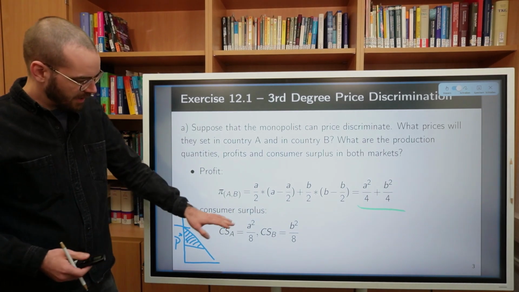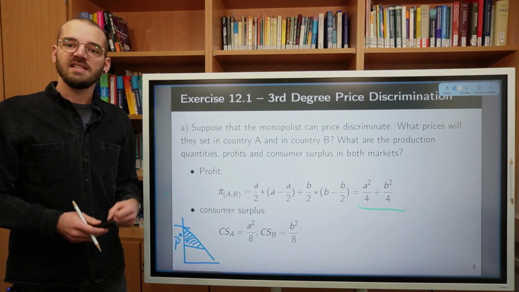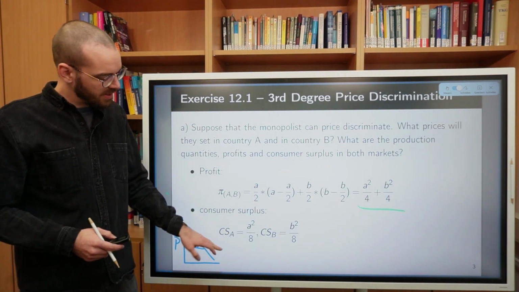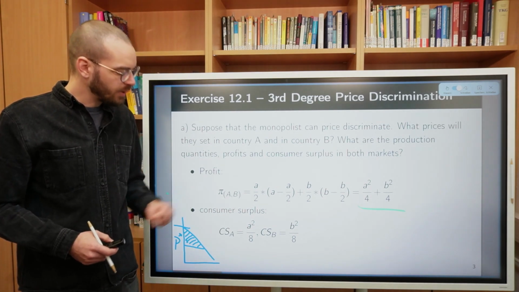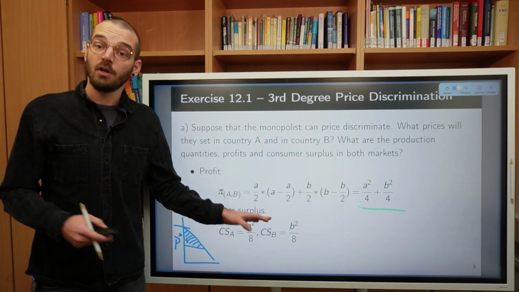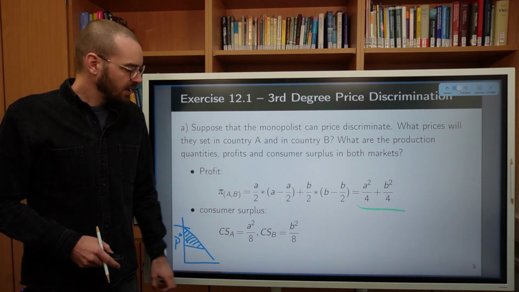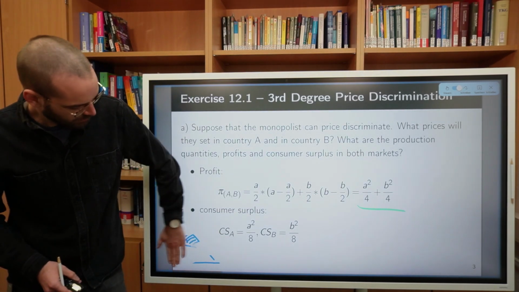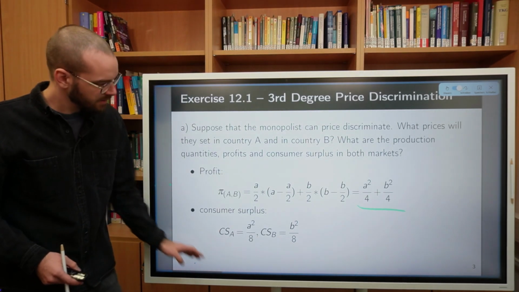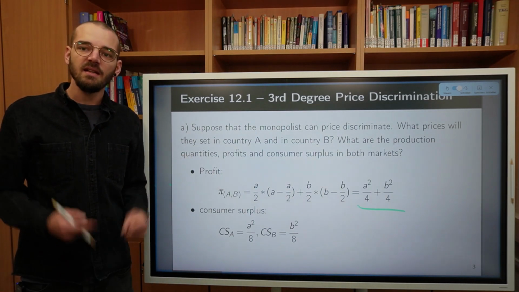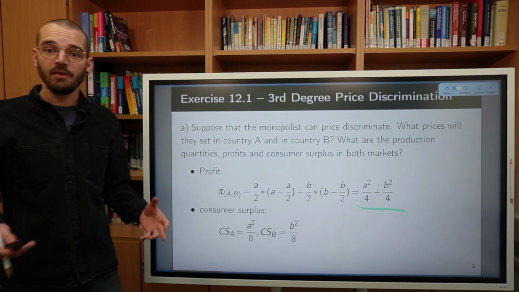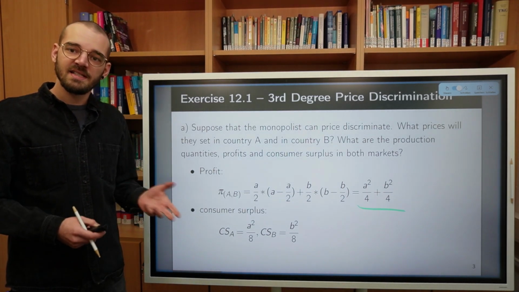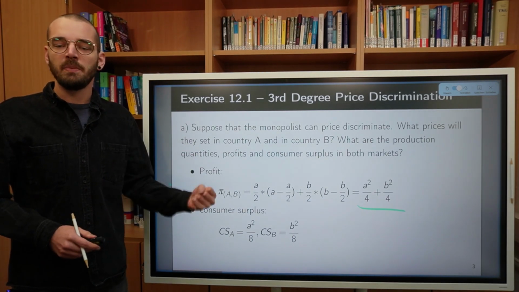So we can plug in equilibrium price and equilibrium quantity for each of these markets respectively and find out that the consumer surplus in market A is A squared divided by 8, and the consumer surplus in market B turns out to be B squared divided by 8. So that is the market result in case the monopolist is allowed to discriminate in prices and therefore maximize their profits on each of these markets separately, setting two different prices, PA and PB.